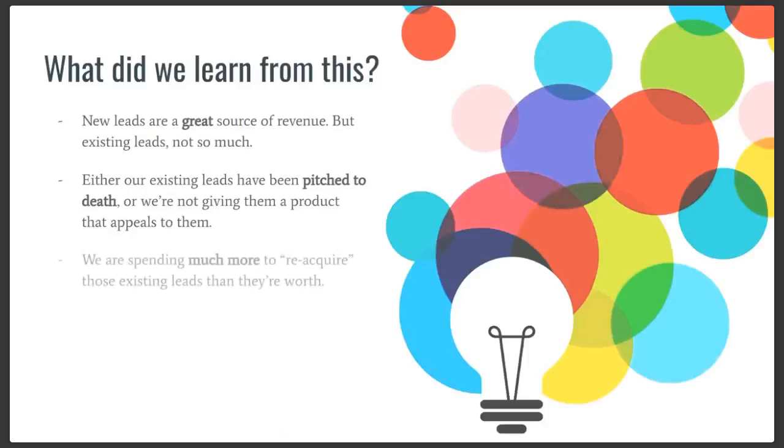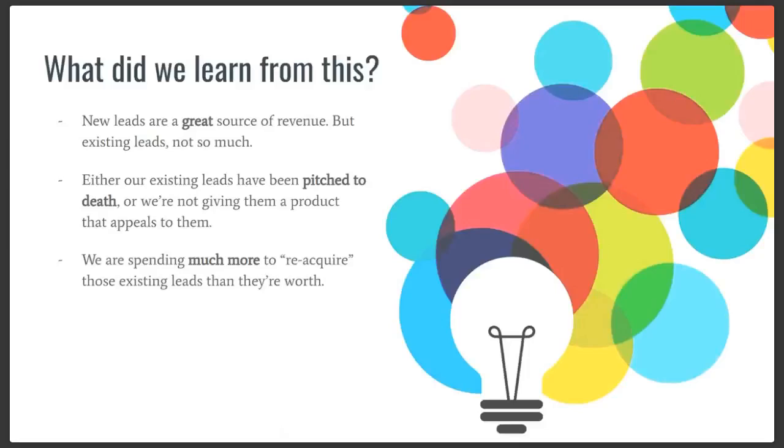You have to find some other offer or something to appeal to them. We're spending much more to reacquire those existing leads than they're worth. And we talked about that a couple of minutes ago. We were saying the amount we spend to get a lead doesn't change in Facebook, right? Whether they're existing or whether they're new, Facebook doesn't care that they're new or old, right? It's only how they're going through that campaign.